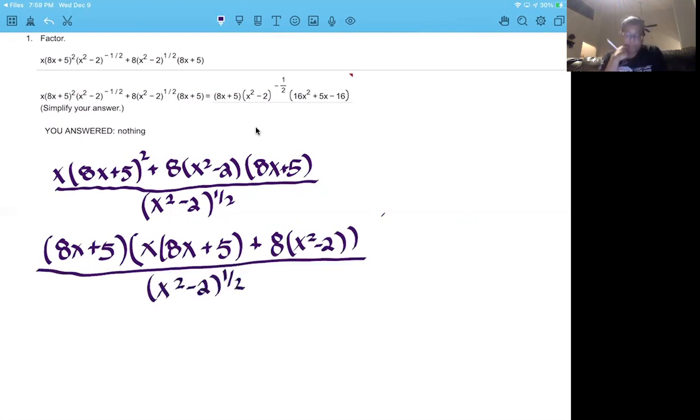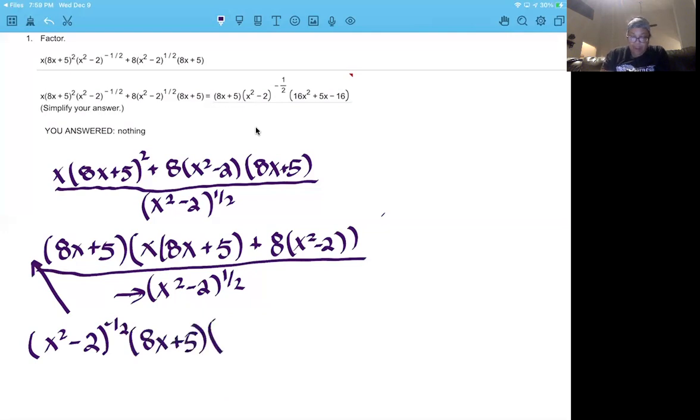All right, now I'm going to move this back up into the numerator, since both terms are over it. So I have an (x squared minus 2) to the negative 1/2, I have my 8x plus 5. Now I'm going to distribute my x, so I have 8x squared plus 5x. Distribute my 8, so plus 8x squared minus 16.